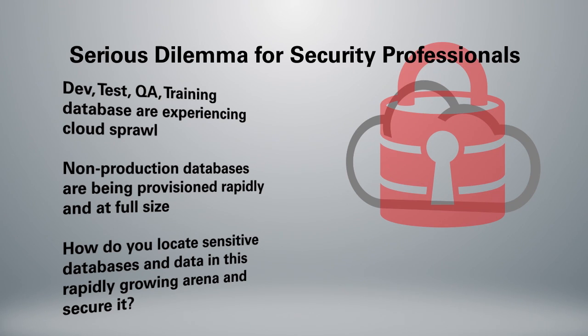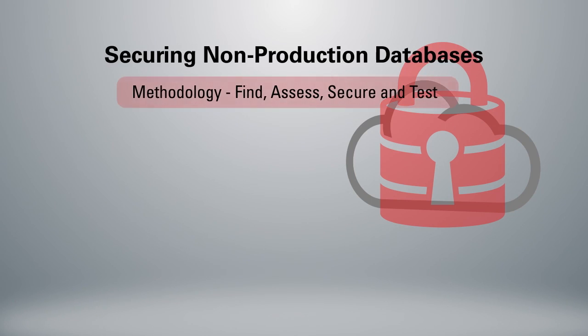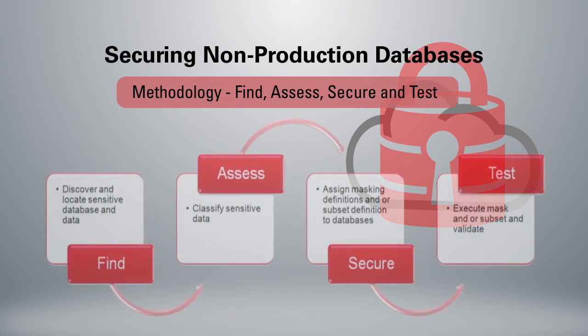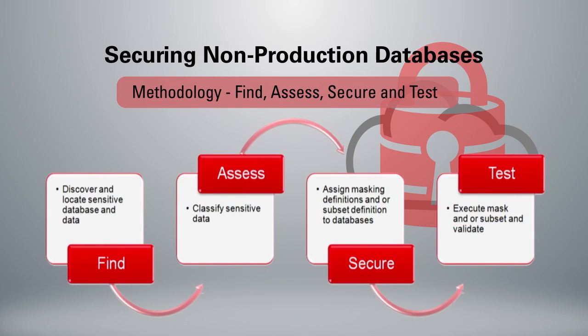So the methodology, coming back to it, we call it the Find, Assess, Secure, Test, with the famous acronym of FAST. Finding is locating where the data is, and then assessing it, right? Classifying the sensitive data. Is it a first name? Is it a social security number? Is it a last name? Is it a driver's license number?